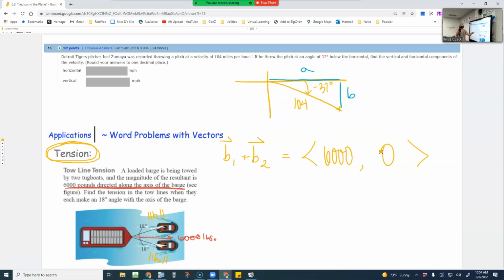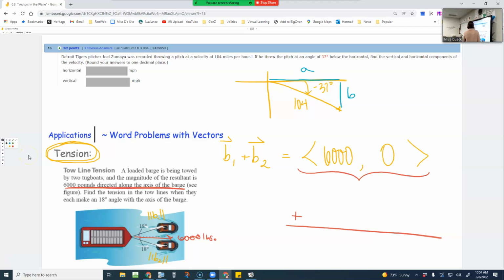So I know what happens when both my tugboats are combining to make this overall effect. And so we're going to actually work our way backwards as far as a resultant problem, and we're going to say, this is our overall result. This is what happens when I add together my two different little vectors, or I should say my two little different tugboats.